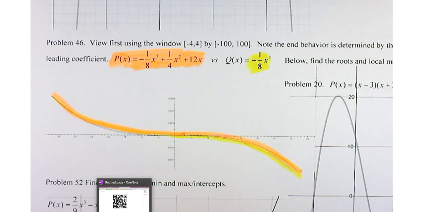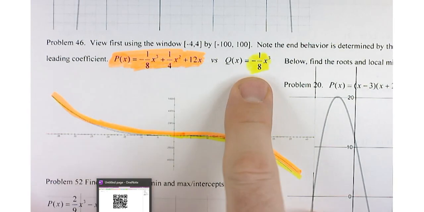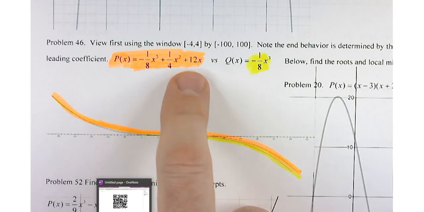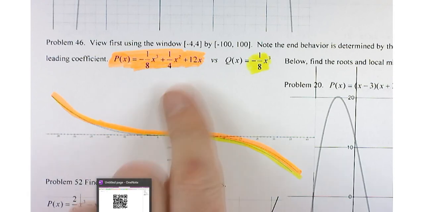And that's the whole point, is that eventually this polynomial is going to look like this because these smaller order terms just don't mean much. They're not going to help determine the shape of the graph that much for very large values of x. Which terms won't determine it? Oh, these terms.